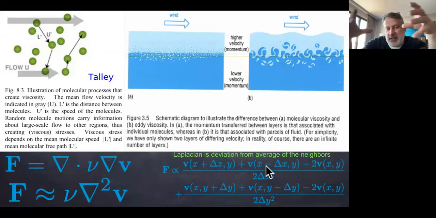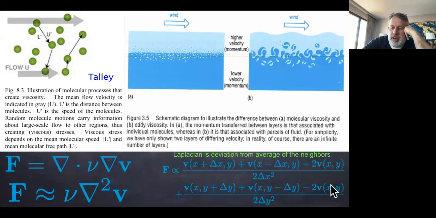It's like we're thinking of this as a grid, plus the same thing in y. This is just a discrete form of the second derivative in x, and this is a discrete form of the second derivative in y.